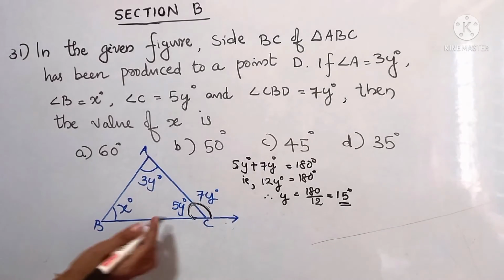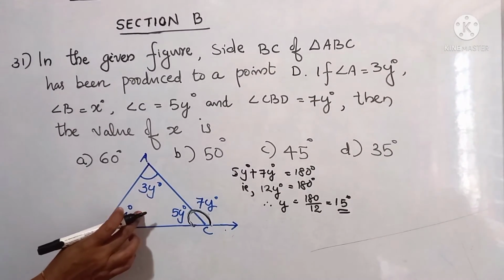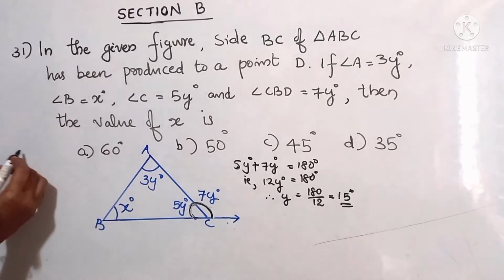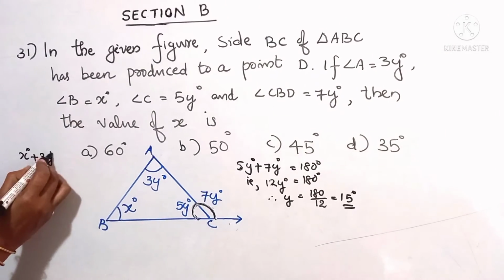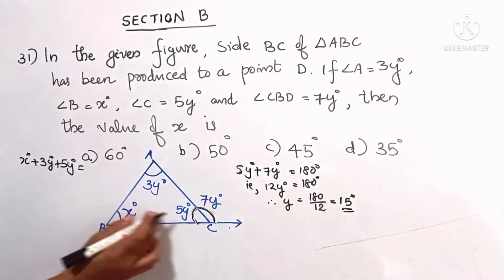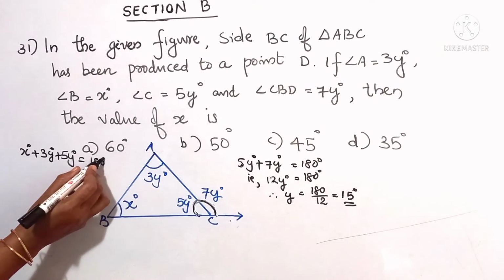And here we can add all these interior angles for finding the value of x. So here x degree plus 3y degree plus 5y degree is equal to the sum of interior angles of a triangle, which is equal to 180 degree. Angle sum is a property of a triangle.